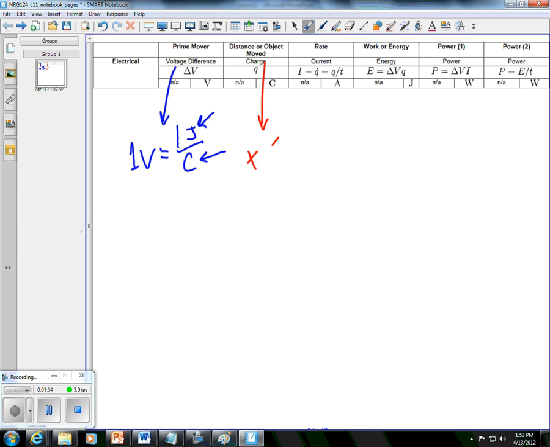So you'll have an example or two where you'll actually be asked, based on the coulomb value of an electron or of a proton, since they're basic units, you will actually use those to figure out how much charge is available in a certain situation.